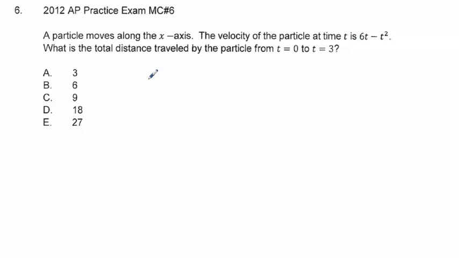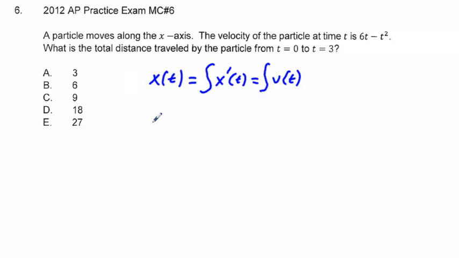Well, x of t is going to be equal to the integral of x prime of t, which is the integral of v of t. And the velocity is 6t minus t squared.